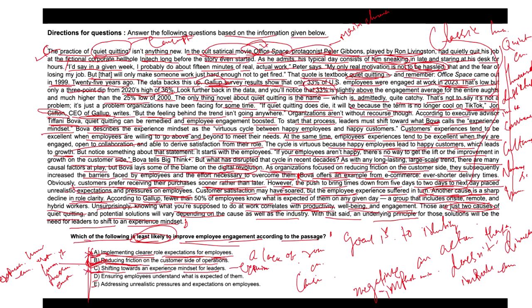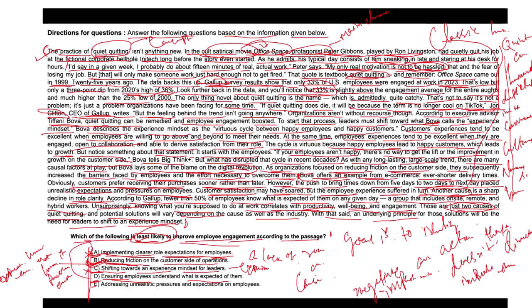D says ensuring employees understand what is expected of them. It is the same as option A. Similar to option A, the passage highlights that knowing what is expected is crucial for productivity, well-being, and engagement. Clear expectations help employees feel more engaged, right? So this option is directly suggested as a way to improve employee engagement.